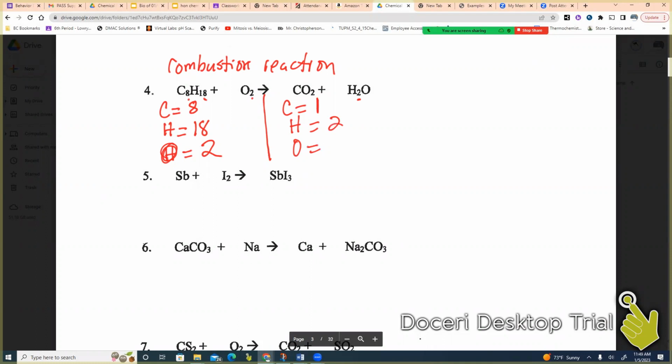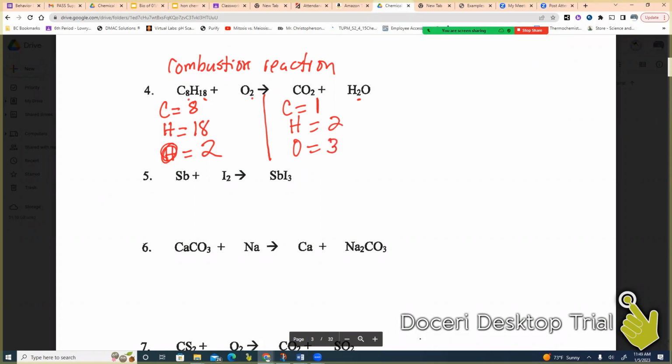My hydrogen 2. What makes these a little bit difficult is the oxygen. Oxygen we have right now, 3.